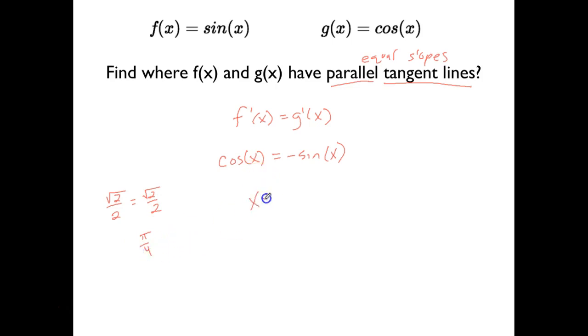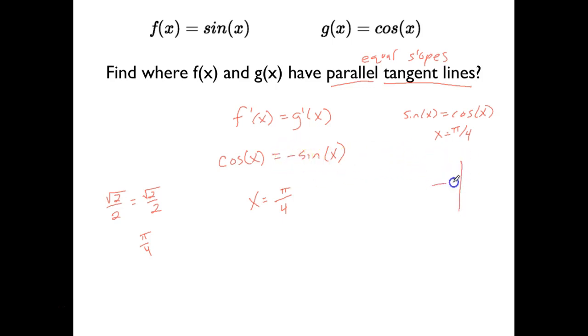So we know these things are equal at pi over 4. But here's the problem. This one is negative. If it was positive, if we were just asking when is sine of x equal to cosine of x, you would say, oh, at pi over 4. That's where they're equal. But it's not just that easy because we have a negative here.